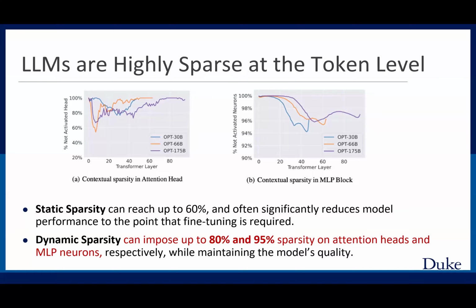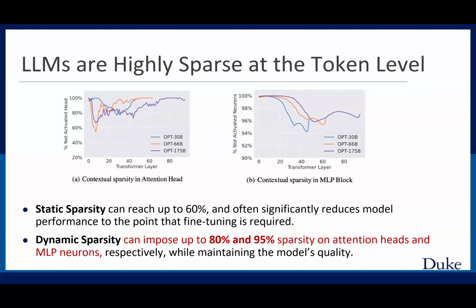Instead of applying a fixed or uniform network structure to all inputs, the concept of dynamic sparsity basically is saying to activate different components depending on the tokens being processed. What we find essentially is that dynamic sparsity can potentially reduce a large portion of the computations while still maintaining model quality.